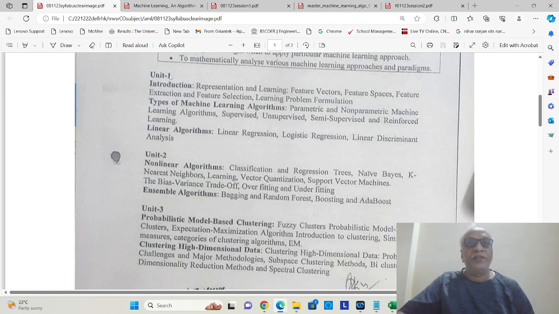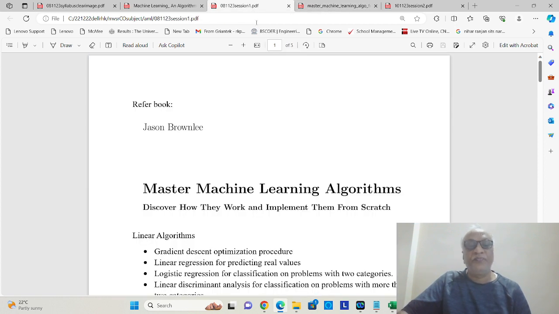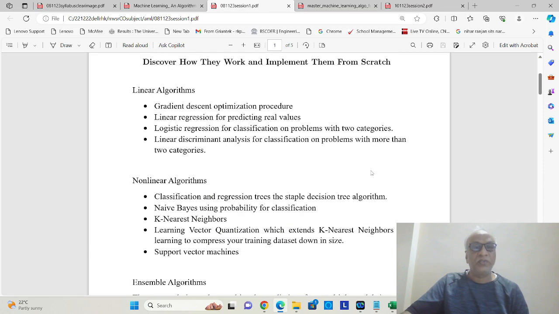If you remember session 1 of the introduction, we had referred to this textbook by Jason Brownlee for that introductory concept. The name of the book is Master Machine Learning Algorithms, and we had seen what are linear algorithms and what are non-linear algorithms.